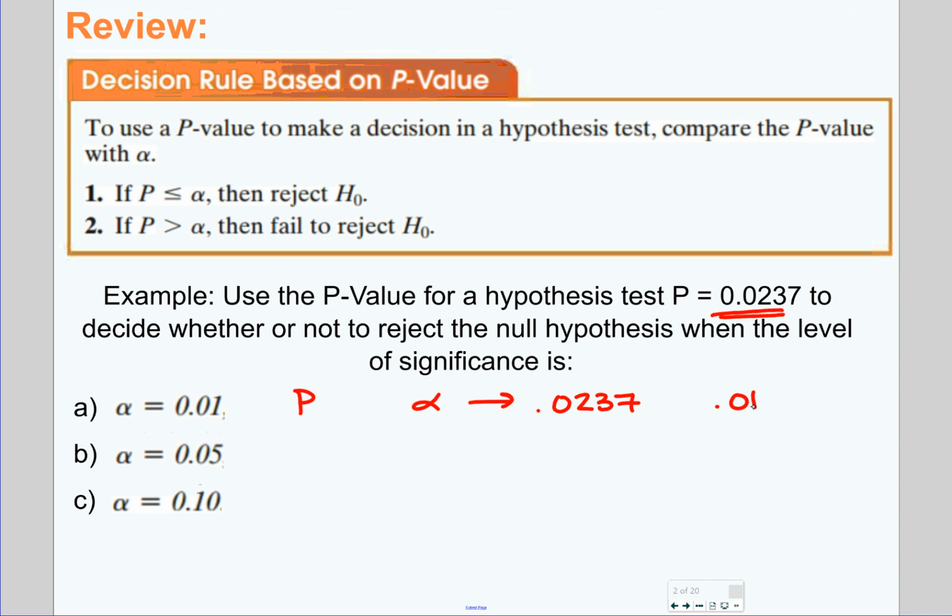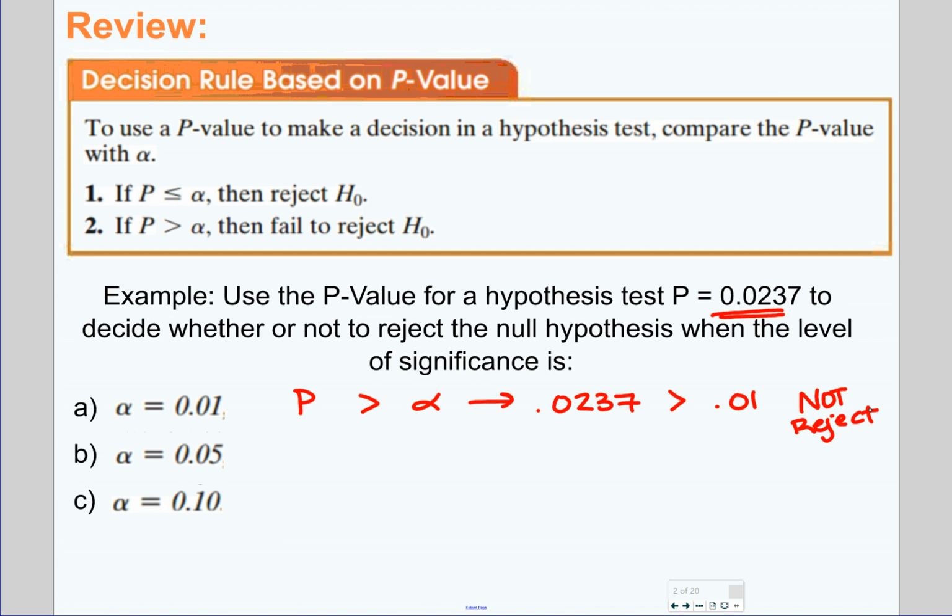Is my P less than, greater than, equal to those two numbers? It's greater than. So if P is greater than alpha, we do not reject. And we talked about yesterday, rejecting in hypothesis testing is a good thing. If you reject, that tells us you have enough evidence to make a decision. So when we don't reject, it's not exactly what we're going for.